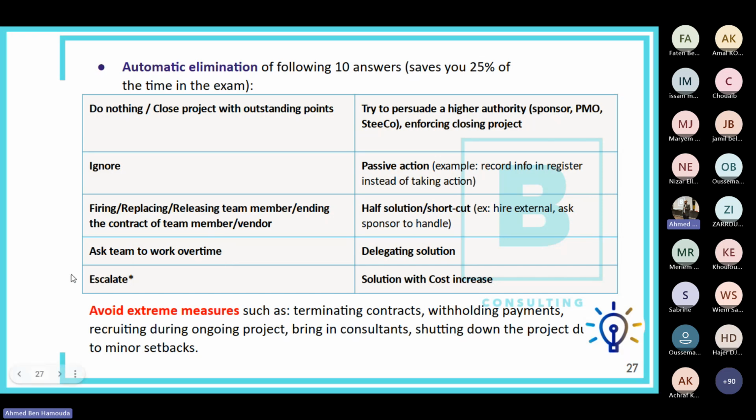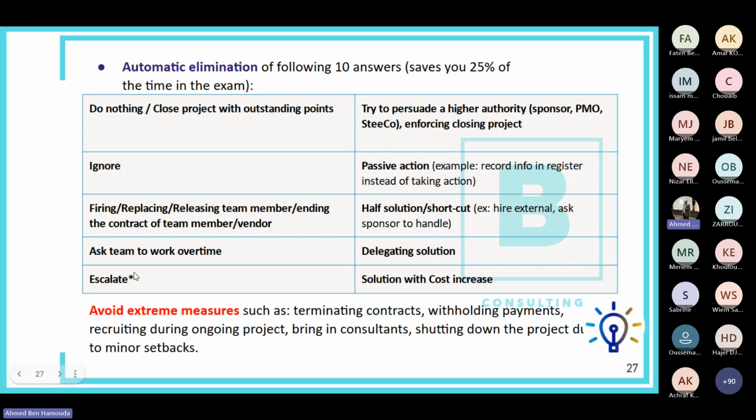Also, avoid answers that implicate escalating, okay? But here I put an asterisk. You have to be careful with that, because maybe from the question you understand that it is the last resort, so you might be obliged to escalate.